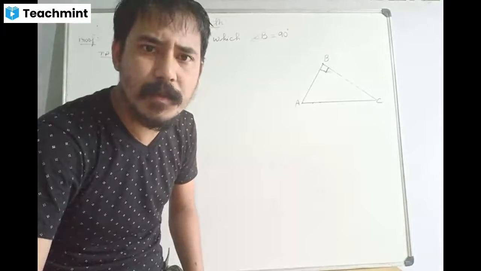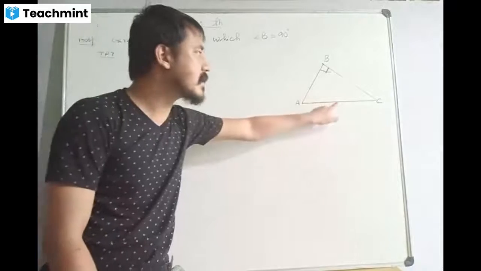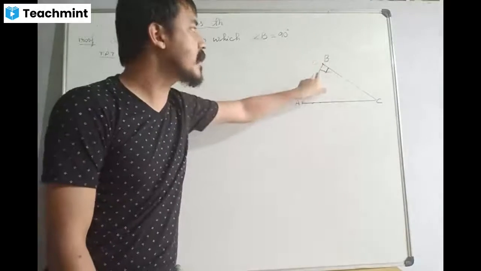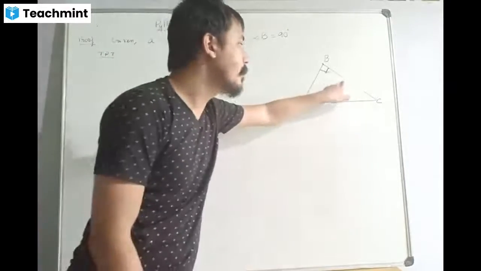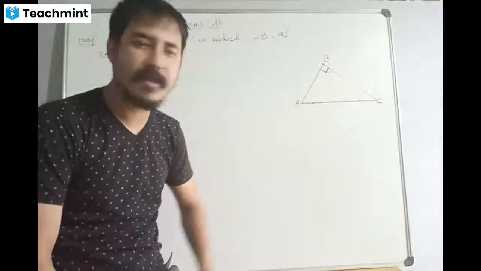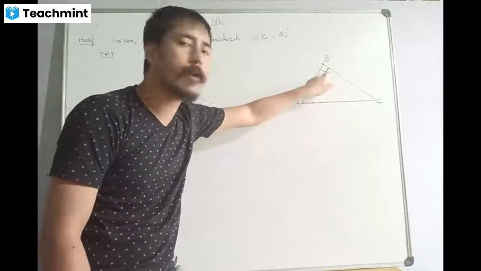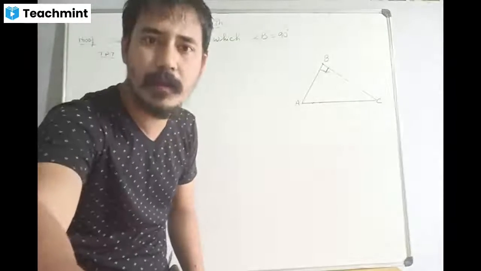Yes, AC. AC is the side opposite to your 90-degree angle. AB is in contact with the 90-degree angle, it is not the hypotenuse. BC is in contact with the 90-degree angle, it is not the hypotenuse. AC is the side opposite to your 90-degree angle. That's the hypotenuse. Is that all right?